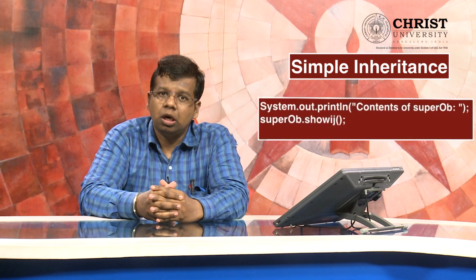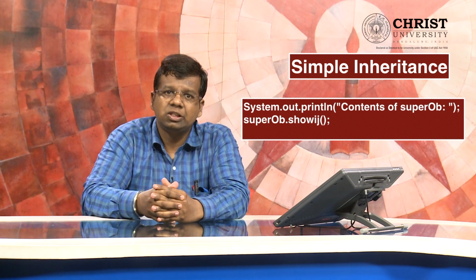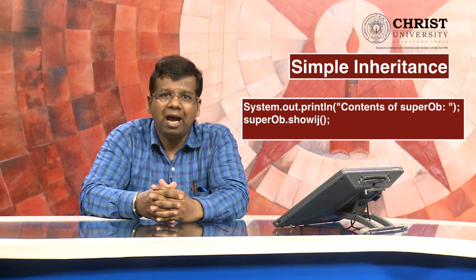If you want to see whether the members are initialized properly, print them by calling the showij method of the superclass through its object: System.out.println contents of superOb, then superOb.showij.